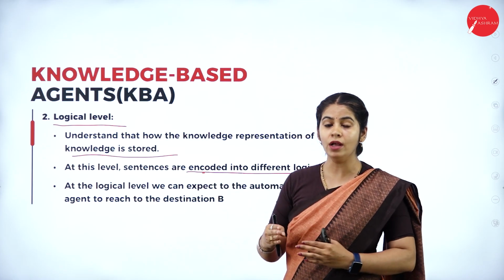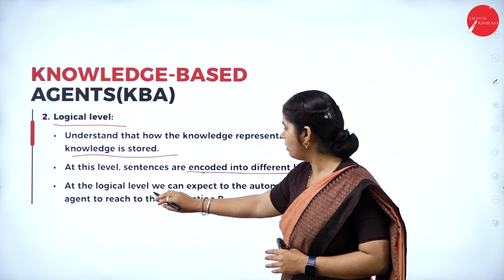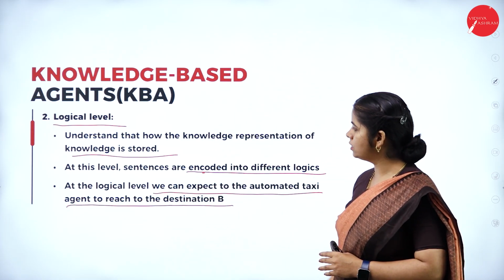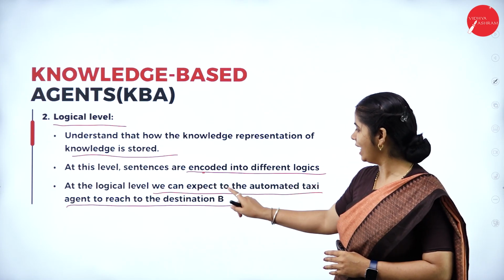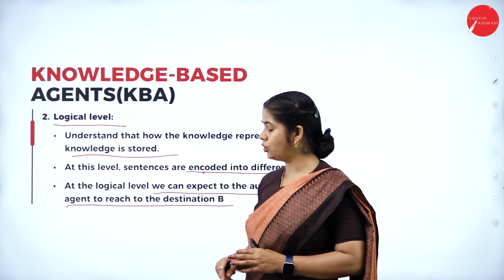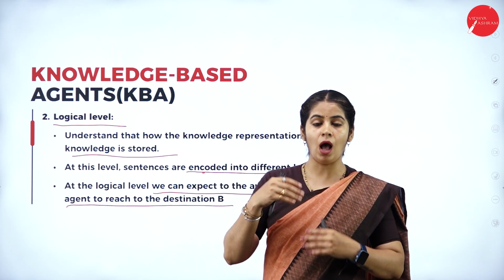At the logical level, we can expect the automated taxi agent to reach destination B. We can expect that, but how, we don't know.